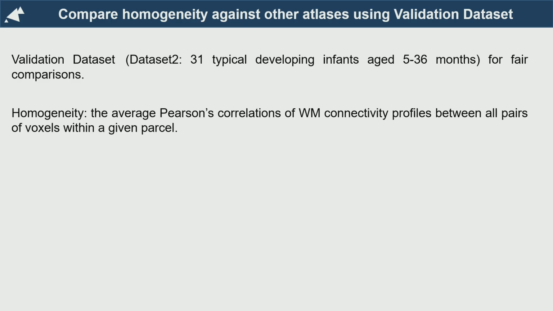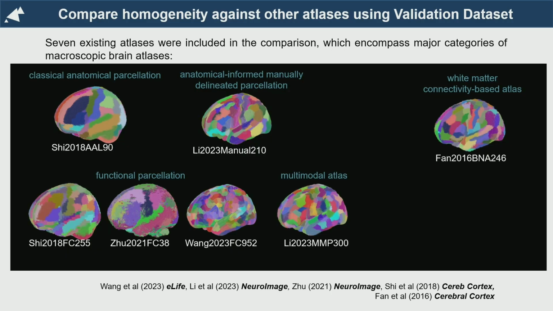Then we perform cross-atlas comparisons to validate our proposed atlases. Specifically, we compared the homogeneity against other existing atlases using the validation dataset. The homogeneity was defined as the average Pearson's correlation of white matter connectivity profiles between all pairs of voxels within a given parcel.